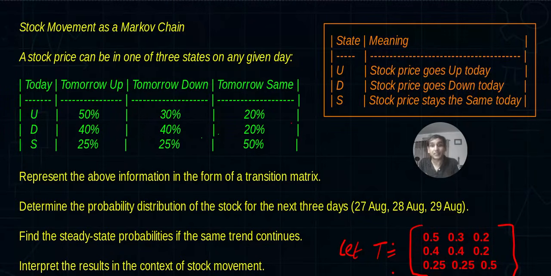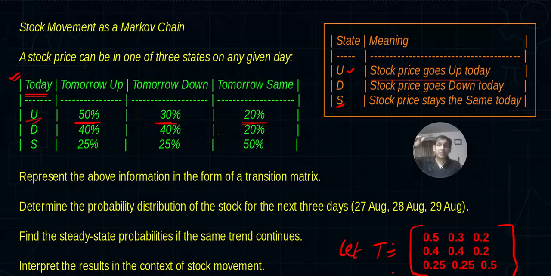Okay, I'll give you one more example because many of you might be interested to invest in stocks and shares. Today, if the stock is going up, tomorrow there is a 50% chance it will still go up. There is a 30% chance it will go down and 20% chance it will stay the same.